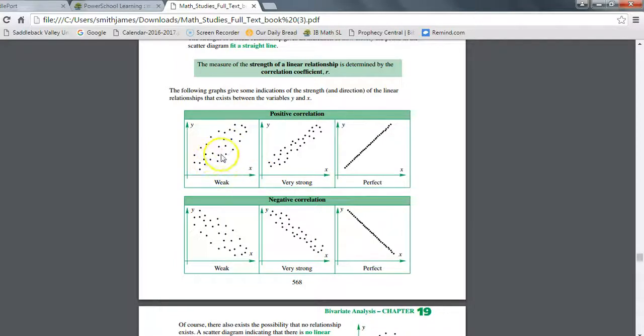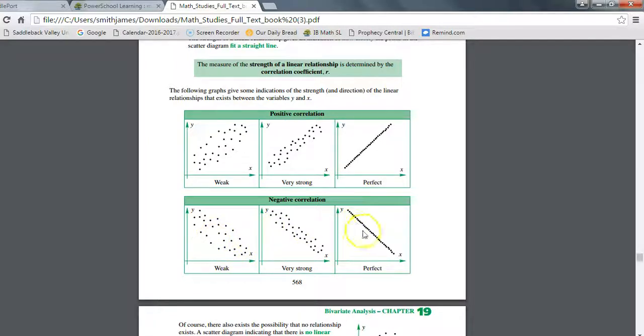So if it looks fairly spread out, but you can tell that it's positive, then we would say that it's weak. If it's a little closer together, but not perfectly linear, then we just say that it's strong. If they do happen to be in almost perfect alignment, then we could say it's perfect. And so there you can see just some examples of the difference between how we would describe those as far as the strength. Same thing for the weak.